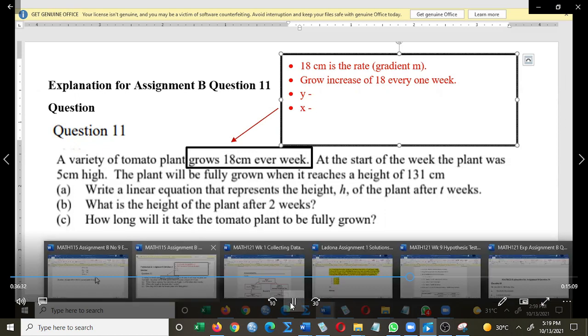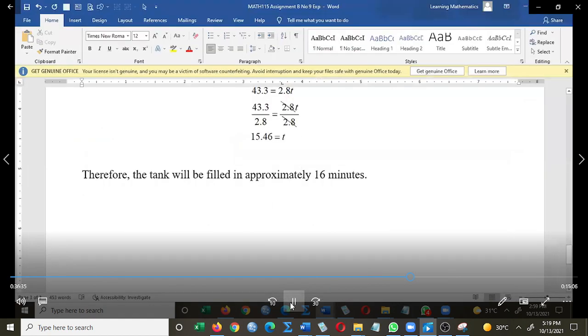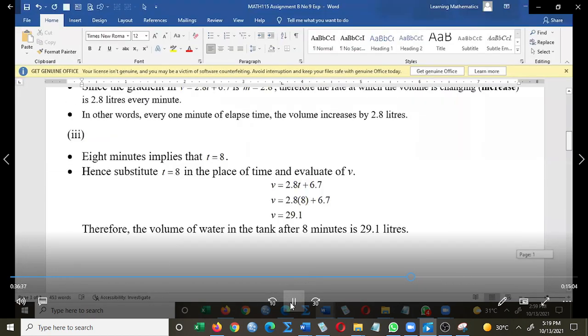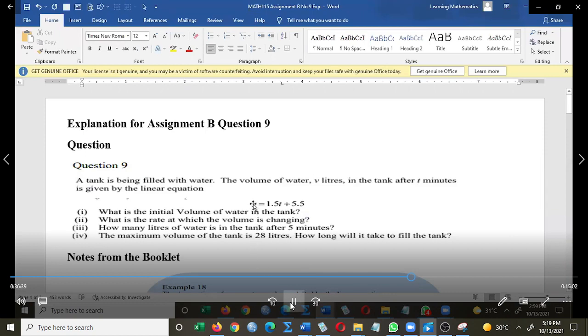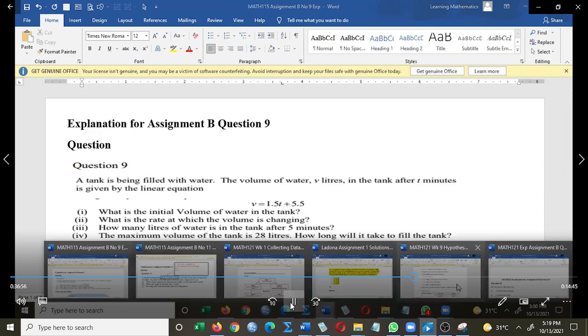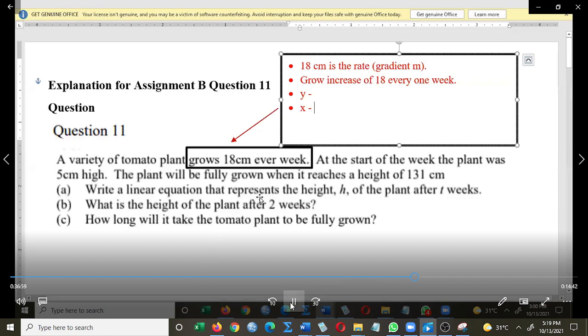Let's go back to the one we had a while ago. In this example, y was volume and x was time, isn't that so? So here, y is looking like height.